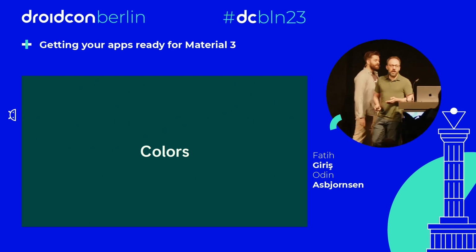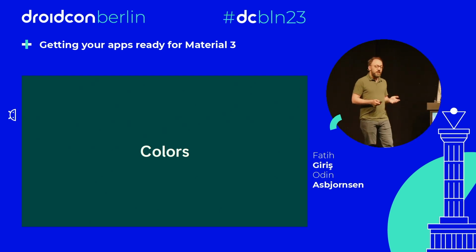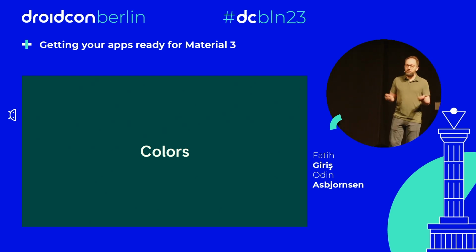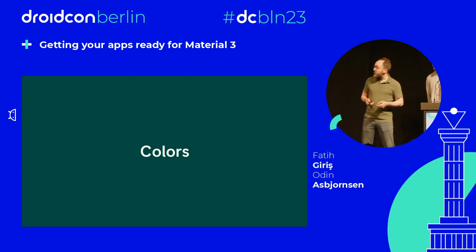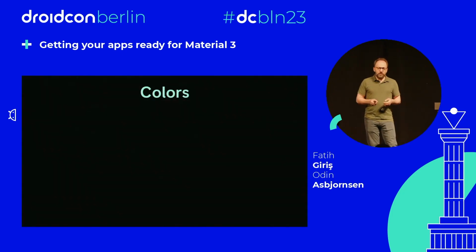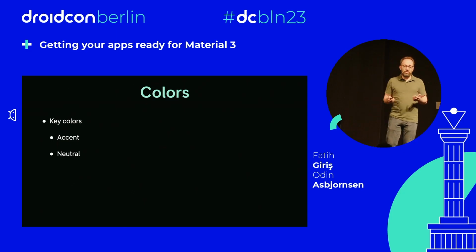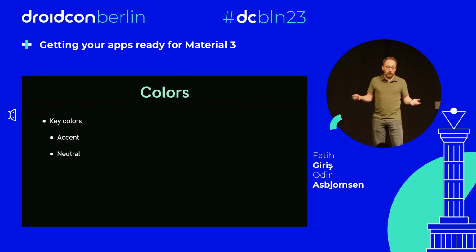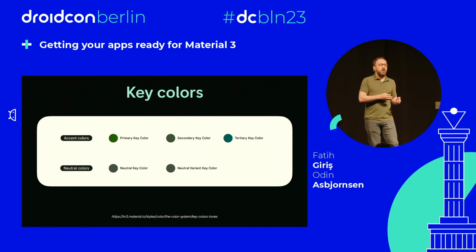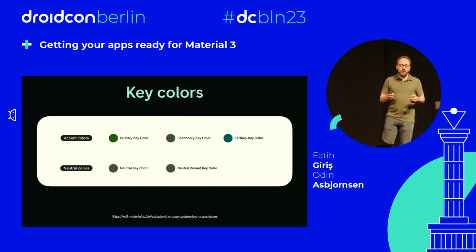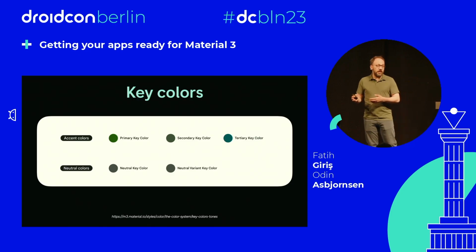Yeah. So when we say colors, colors are really important for our theming system, right? Without colors, we basically don't have any theming system. So in Material 3, we have different types of colors, like key colors. Those key colors are accent or neutral colors. And those accent colors might be familiar, with some of the key colors here, like primary, secondary, from Material 3.